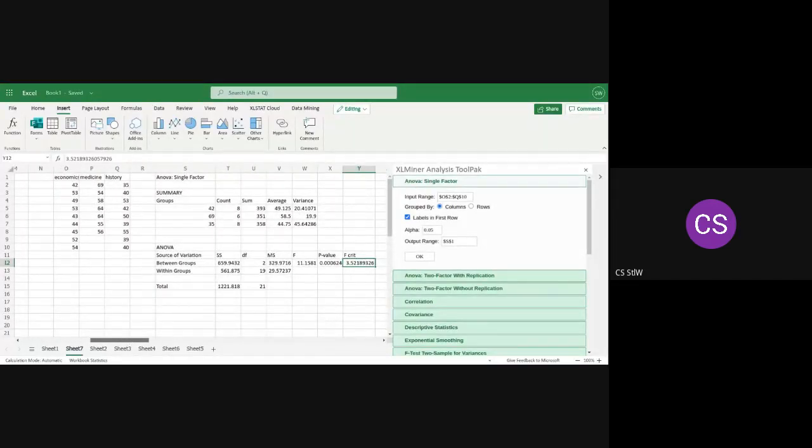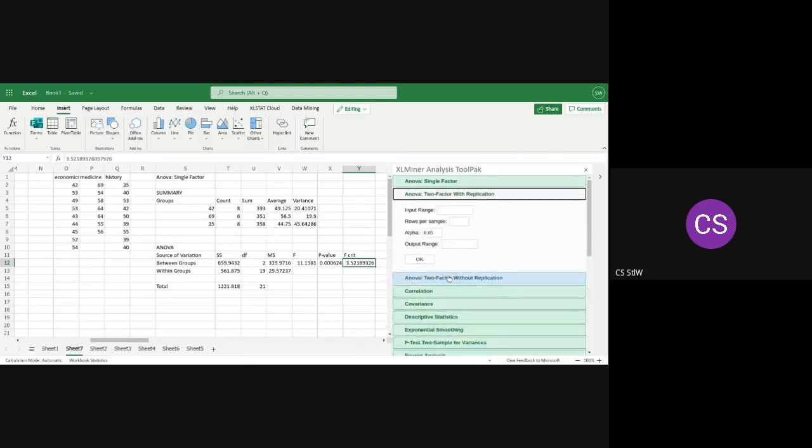Is it the same for the other ANOVA, the two-factor with replication and without replication? I don't think so. I don't think it can be the same. So the procedure, here it is.